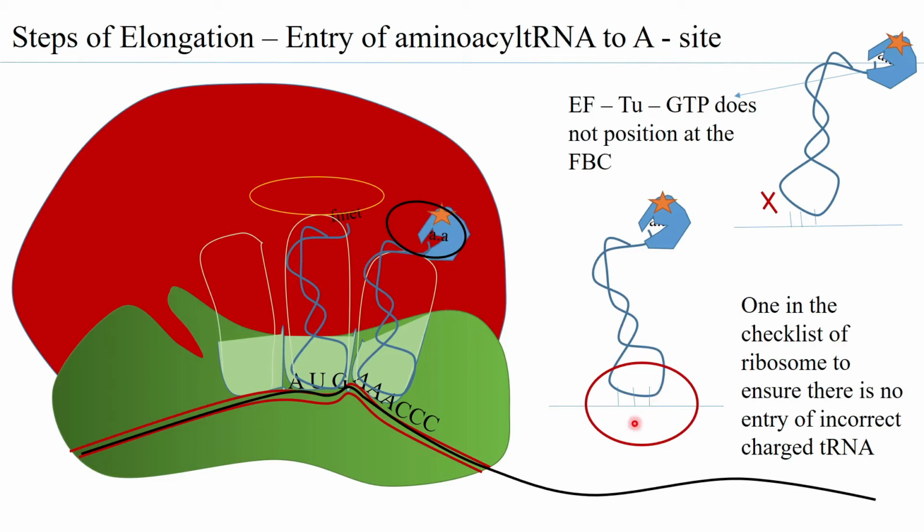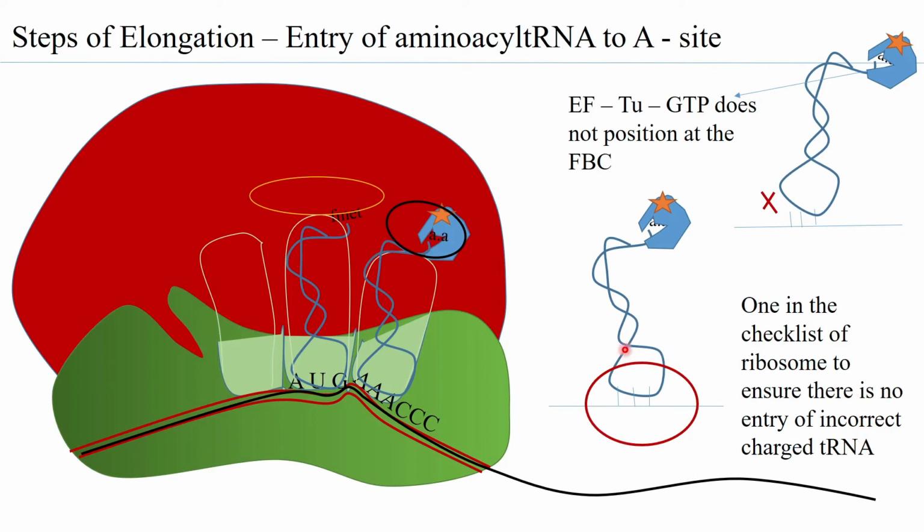Now, this is the first checklist. Now it does the second checklist, or it makes use of another mechanism to find out whether the tRNA that has come in is the correct tRNA or not. So when you have the anticodon and the codon interacting with each other, and the anticodon is completely complementary to the codon, irrespective of its third wobbling nucleotide, the third wobbling nucleotide also makes an interaction, and that interaction also contributes to the stability of the final anticodon-codon binding.